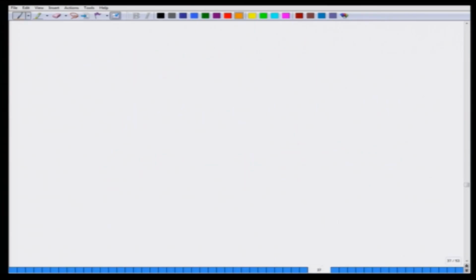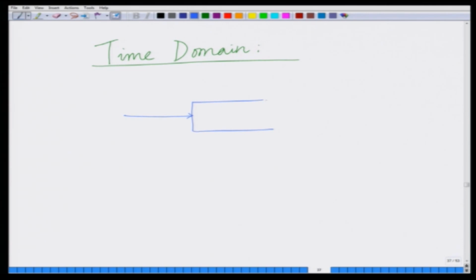So far we have looked at a time domain characterization of the channel. In the time domain, we have a signal that is transmitted, and this is our wireless channel model.